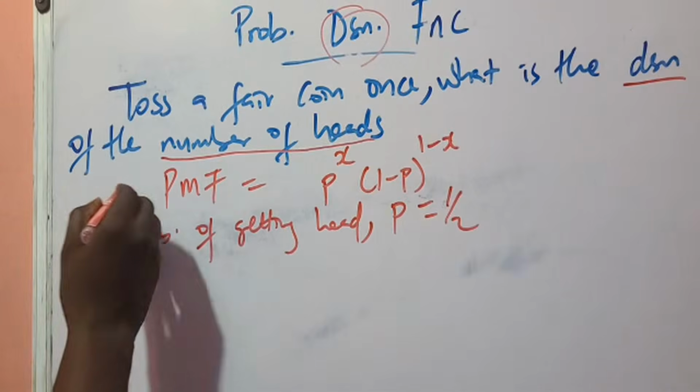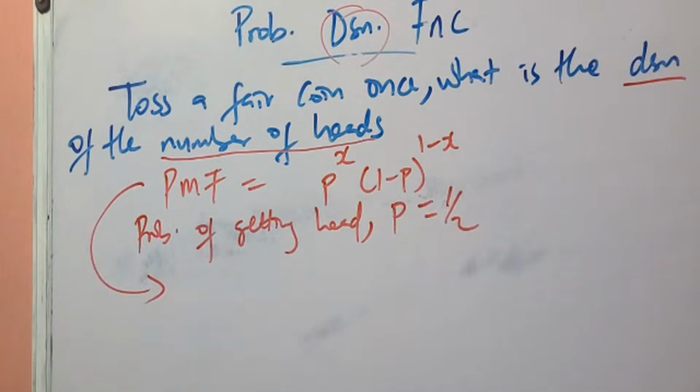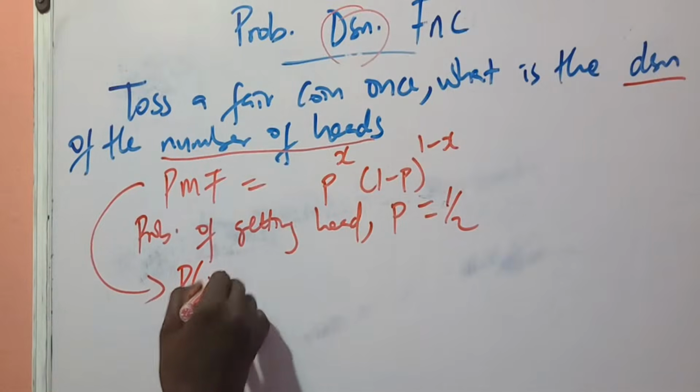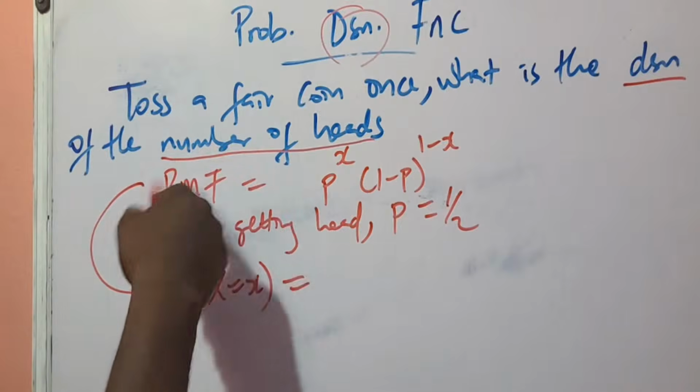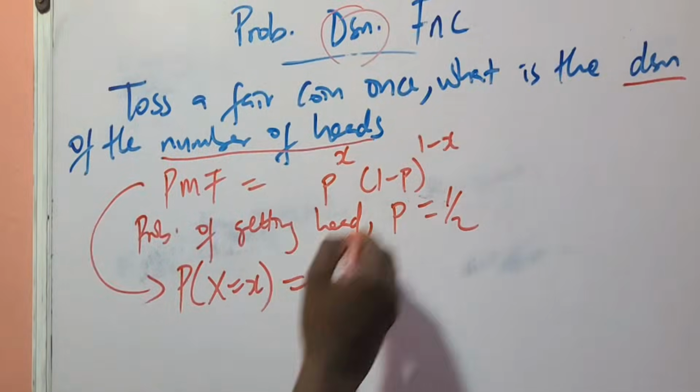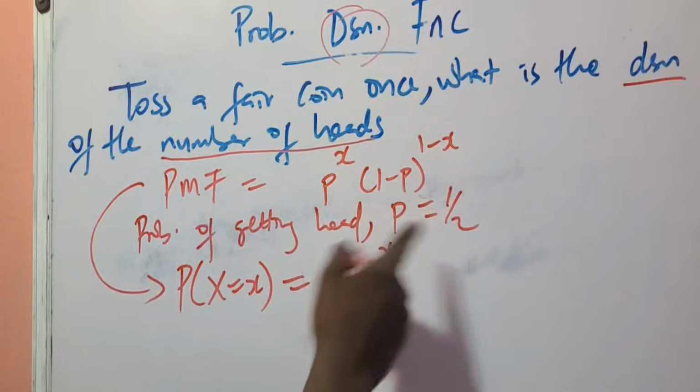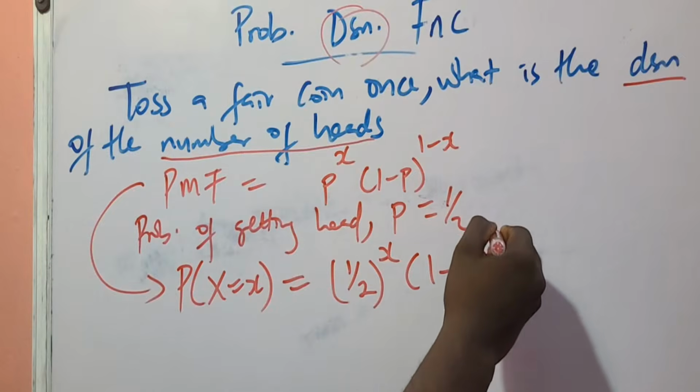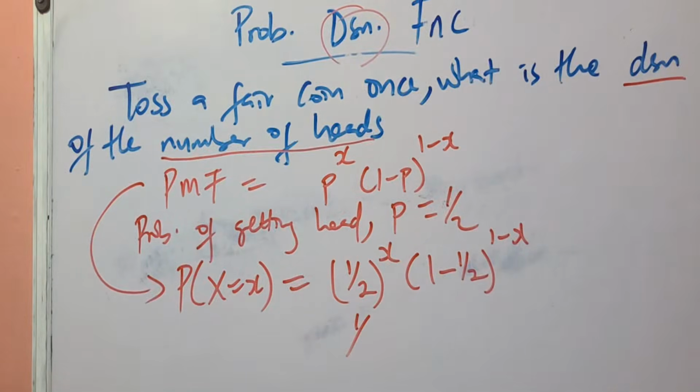So the distribution of the number of heads, which you're going to be getting from the PMF, will be the probability that X equals x. Of course, you know that's how we're going to write the PMF. Now, p here is 1 over 2, so you'll be writing 1 over 2 raised to the power of x.